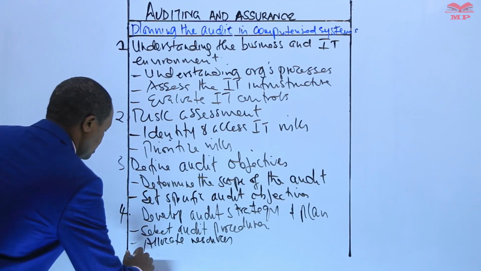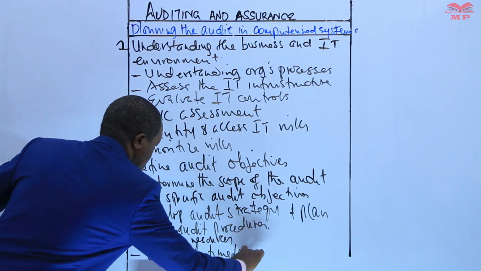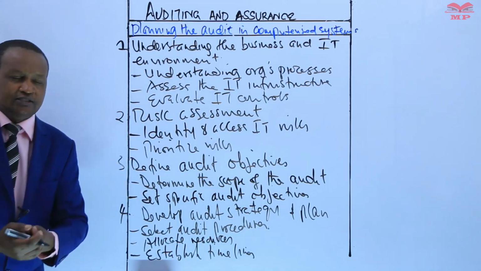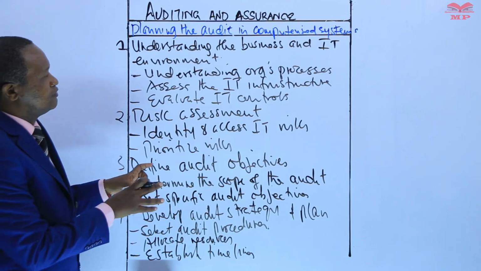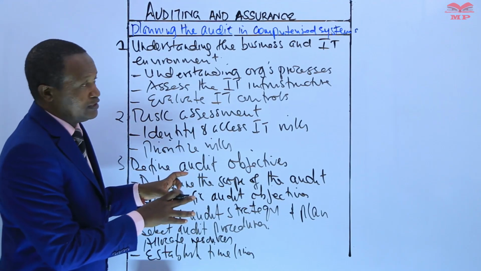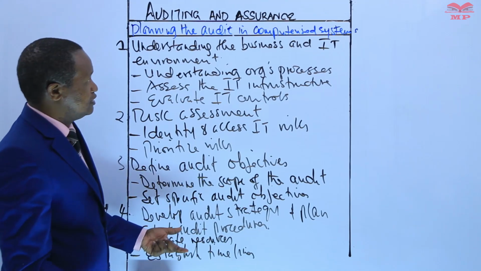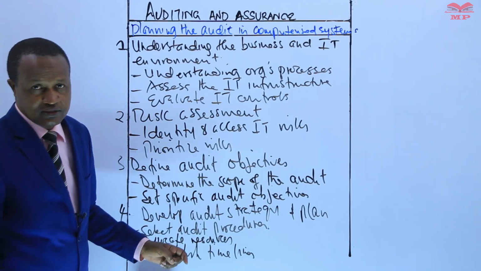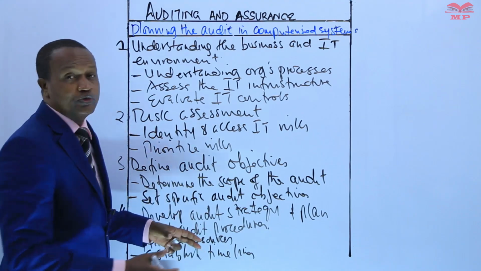Then, of course, establish timelines. And you can see, candidates, this planning of the audit in a computerized system is not different from the manual audits. It's only that this one is specific to a computerized system.